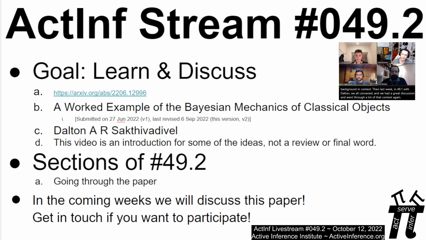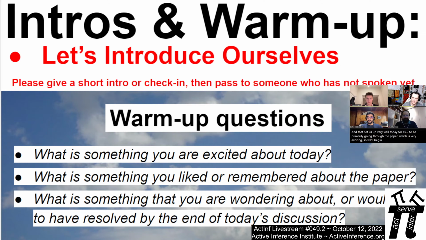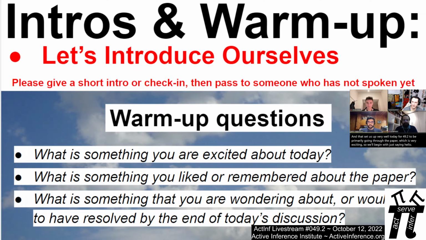That set us up very well today for 49.2 to be primarily going through the paper, which is very exciting. So we'll begin with saying hello and anything else we'd like to add on this Wednesday, and then we will head right in.